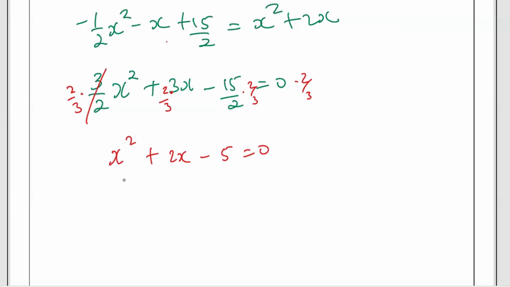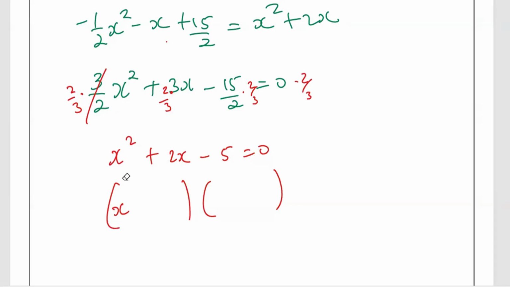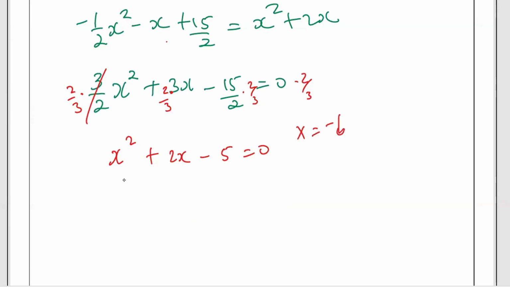You can divide whichever way you want, but we must get the same kind of solution. I cannot factorise this, because I don't have numbers that multiply to give me negative 5 and add to give positive 2. So I could use the quadratic formula: x equals negative b plus or minus the square root of b² minus 4ac, over 2a.